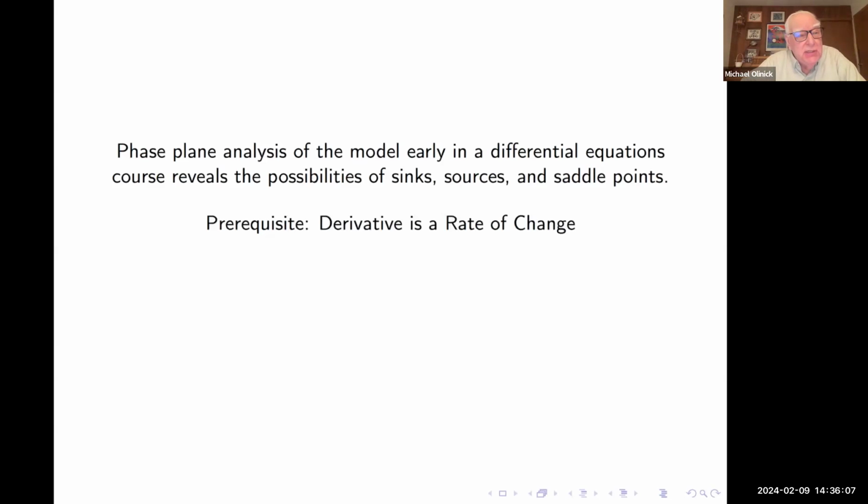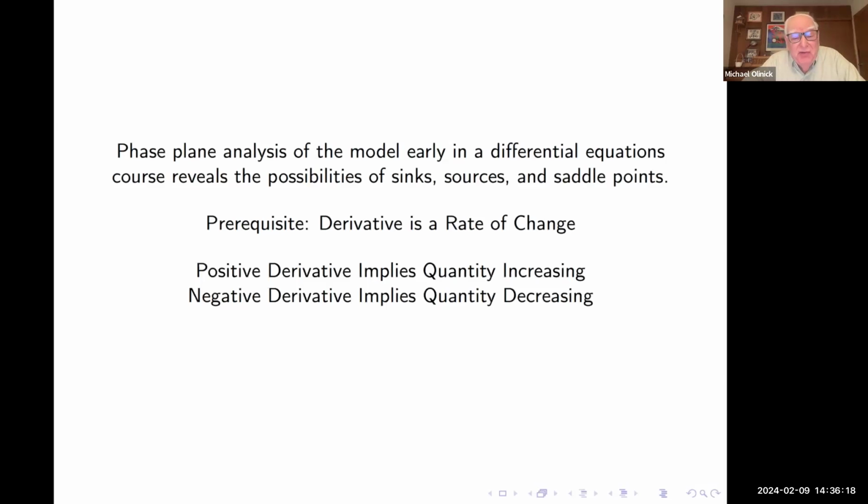And all students need to understand in terms of this kind of analysis is that a derivative is a measure of a rate of change, and a positive derivative implies that a quantity increases, while a negative derivative would indicate a decrease in the quantity.